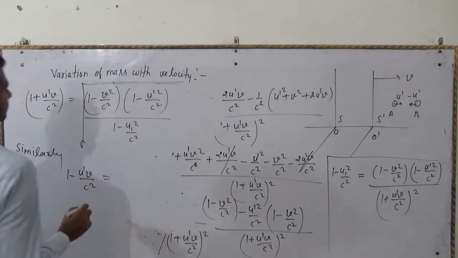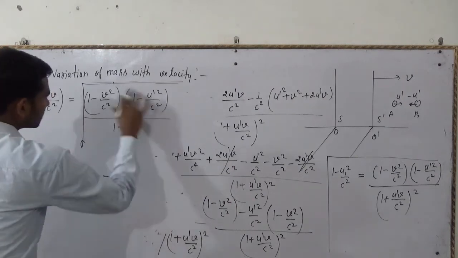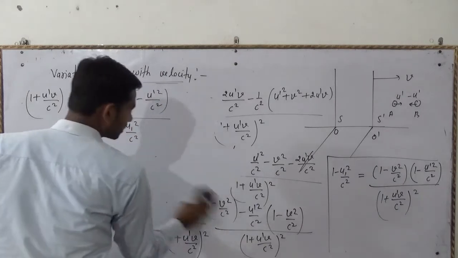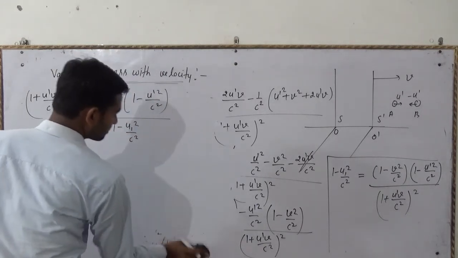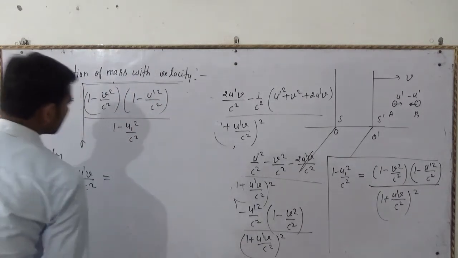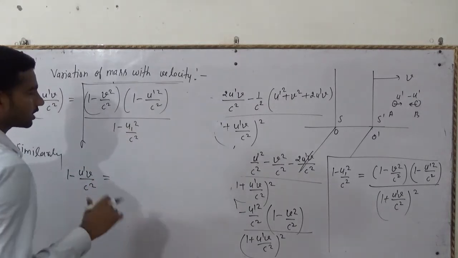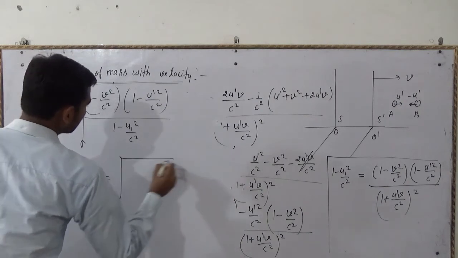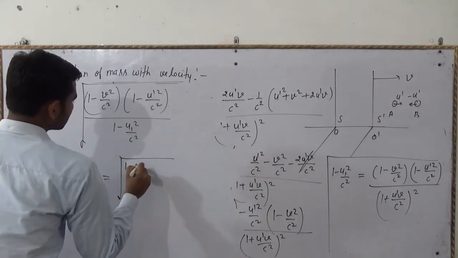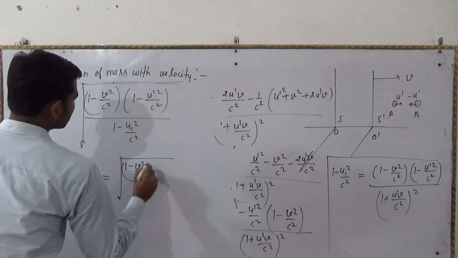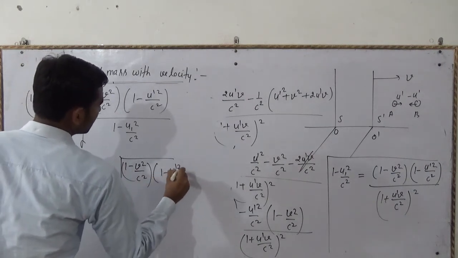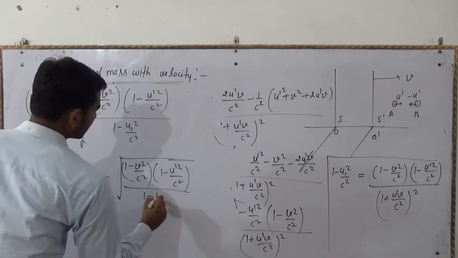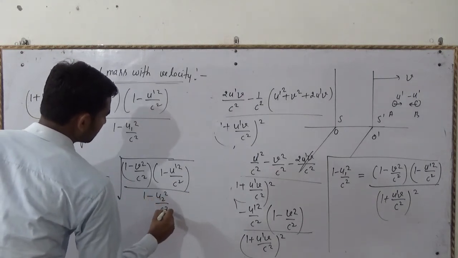All these terms will be the same, but in this result, in place of u1 we will put u2. So in the square root we can write 1 minus v square by c square, 1 minus u dash square by c square, upon 1 minus u2 square by c square.